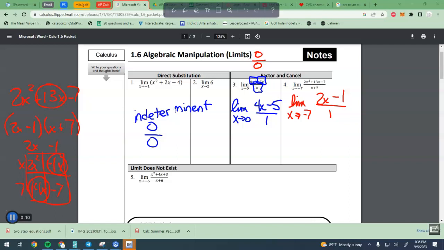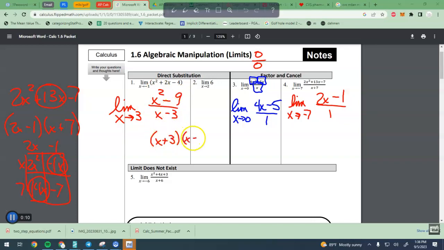I don't usually write the limit as x approaches 7. Is that a problem? It is a problem. Let me show you why. If I had the limit as x approaches 3 of, let's say, x squared minus 9 over x minus 3, and then you go x plus 3, x minus 3, x minus 3, and cancel those.